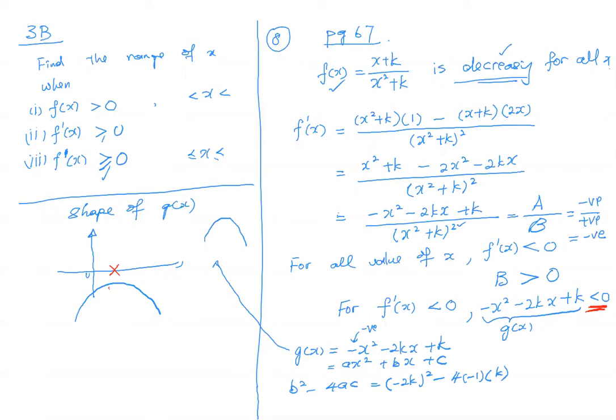No real root, so must be less than 0. So I have 4k squared plus 4k must be less than 0.